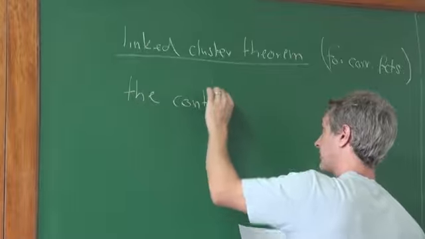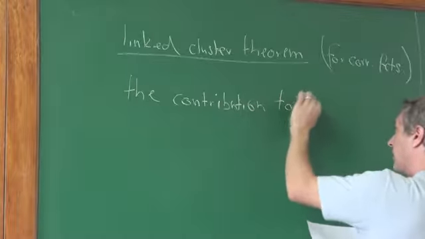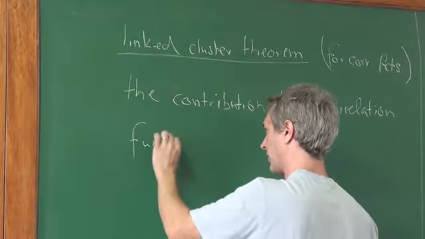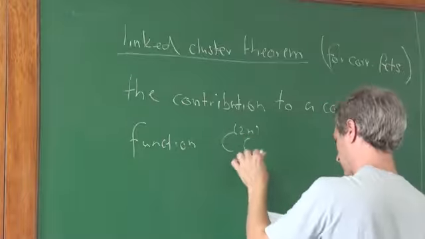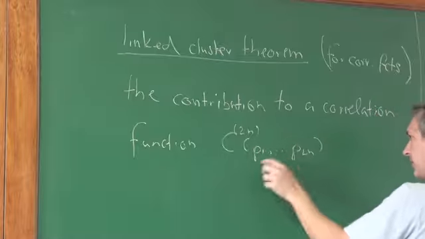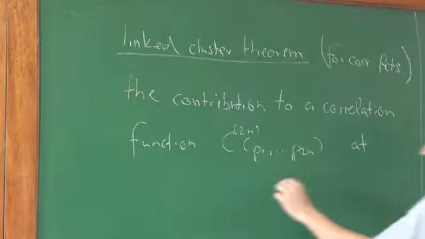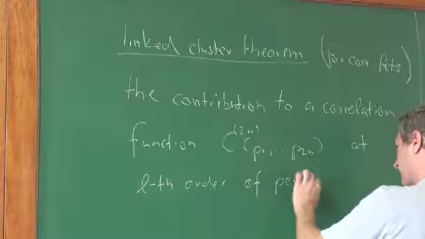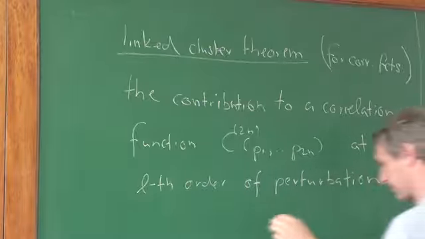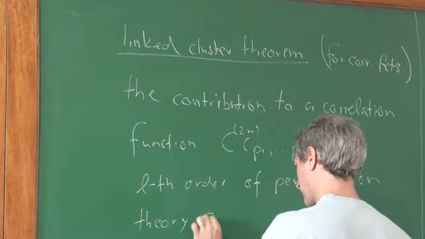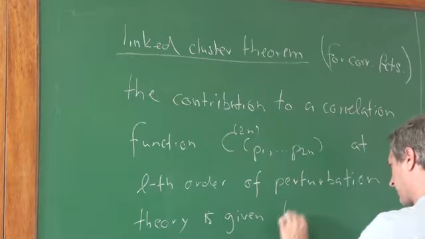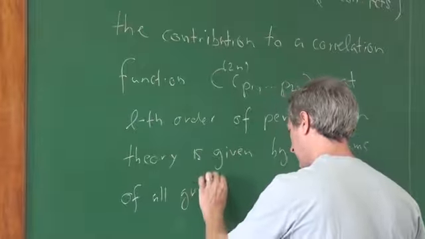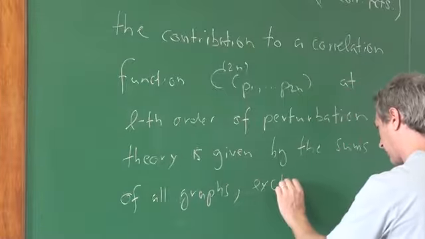So the contribution to a correlation function, here a general n-point correlation function, which now in the momentum representation depends on 2n momenta, at the nth order of perturbation theory, is given by the sum of all diagrams or graphs excluding the vacuum diagrams or graphs.